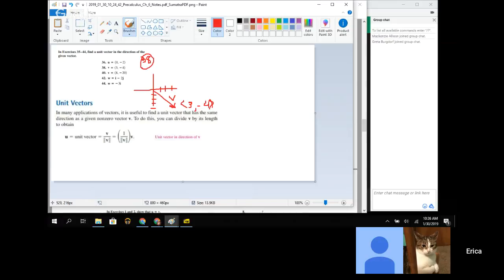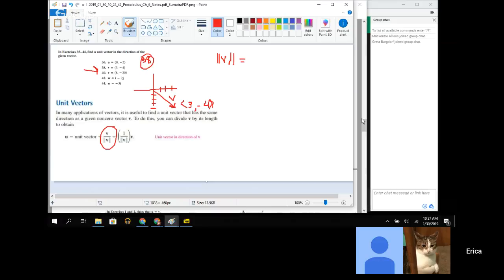I want to find a unit vector that goes in the same direction but only has a length of 1. So I know that to find a unit vector, I take my vector and I divide it by the magnitude. If I want to find the magnitude of vector v, in number 38 right here, remember, you're doing the Pythagorean theorem, right? These vectors happen to be at an origin of 0, so that's nice and easy.